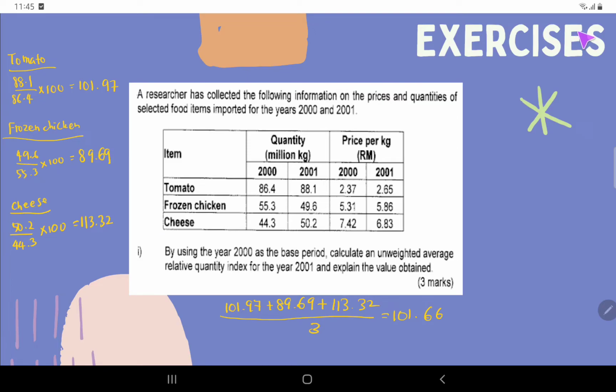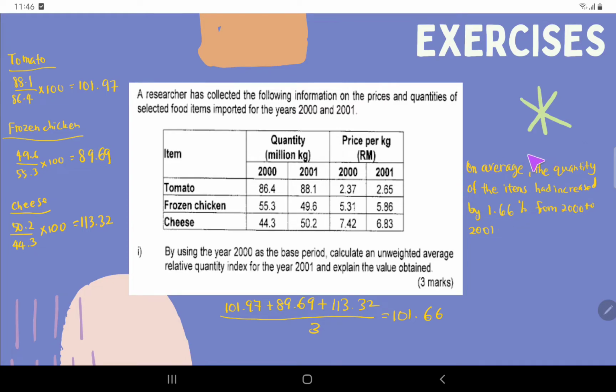So we can explain it like this: on average, the quantity of the items had increased by 1.66%, okay, from 2000 to 2001.